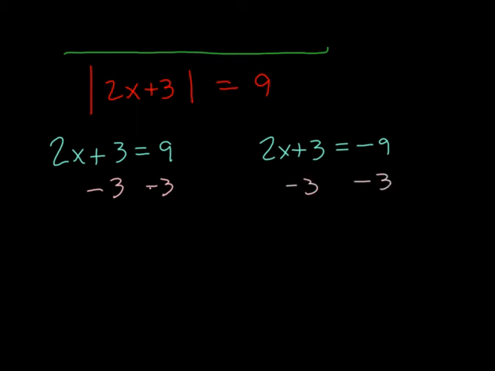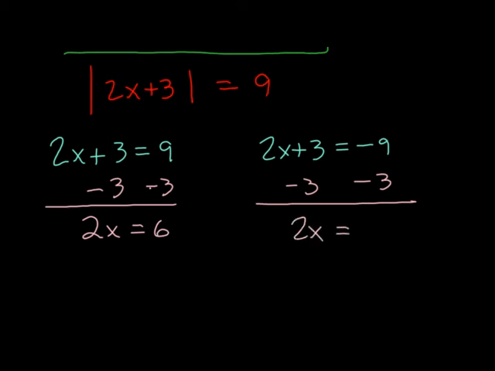And now we've got 2x equals 6 here, and over here, we've got 2x equals negative 12. And obviously, we have to divide through by the 2 in front of the x. And that gives us x equals 3 and x equals negative 6. Now, if we plug those back into the equation, we would then find, in fact, that those are our answers.